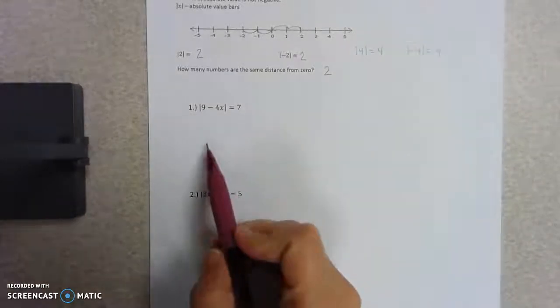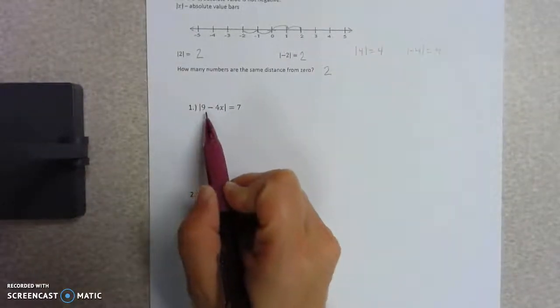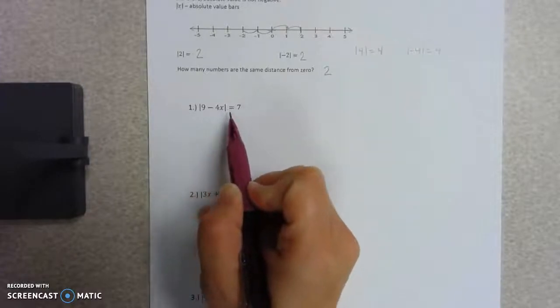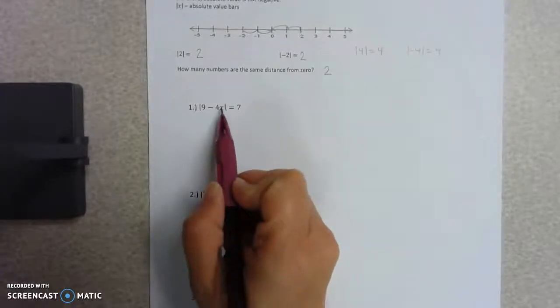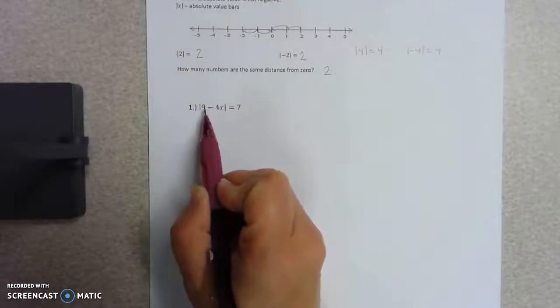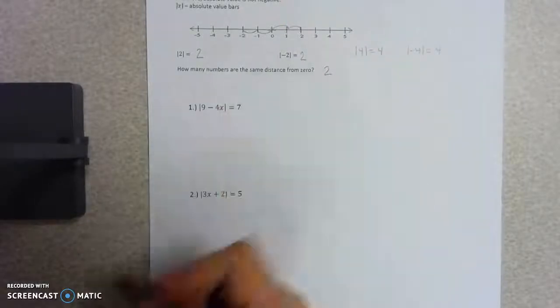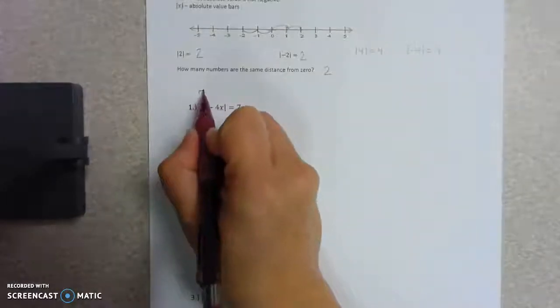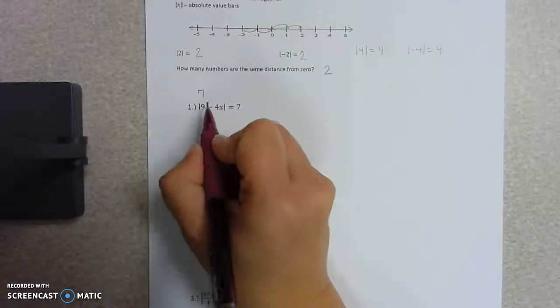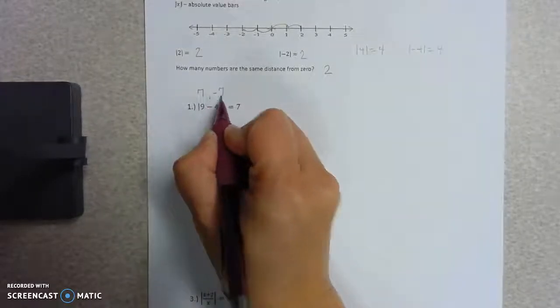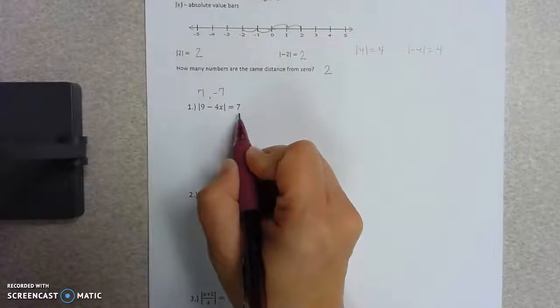When we look at question 1, the absolute value of 9 minus 4x equals 7. This is saying that whatever is inside of these absolute value bars is a distance of 7 from 0. We know that 7 is a distance of 7 from 0, and negative 7 is a distance of 7 from 0.